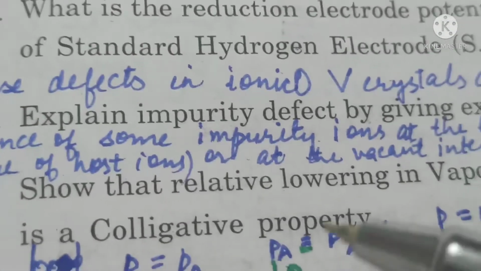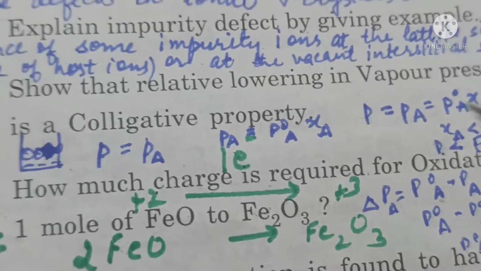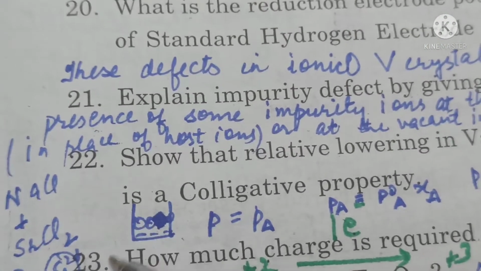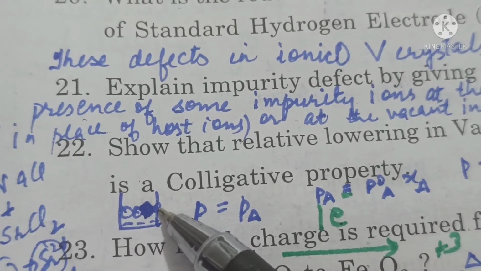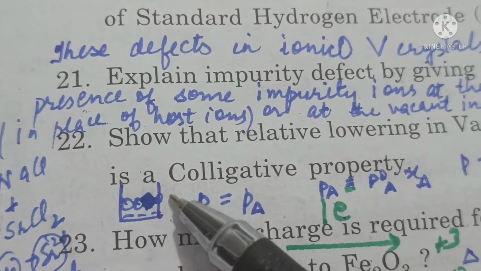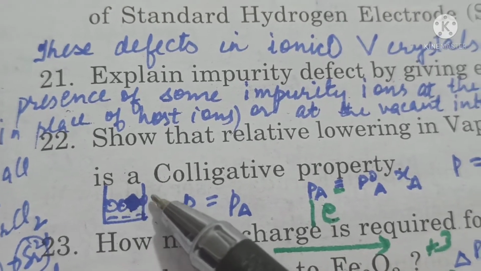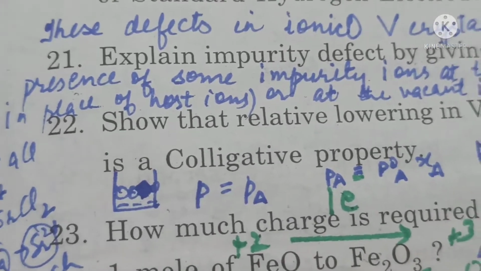So next is show that the lowering in vapor pressure is a colligative property. So you see that this is a solution. If it contains a non-volatile solute in a volatile solvent, then the surface that is covered by non-volatile solute, that portion will not come into the vapor phase.